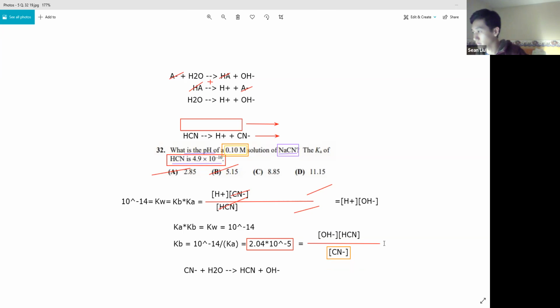We're not going to do the full RICE table today because it's really more of a beginner, starter way of thinking about it. You can easily expedite the process as we will work through right here. Basically, I'm just going to write out what the equation will look like, and then we'll talk about why it is this way. 0.10 molar minus x.